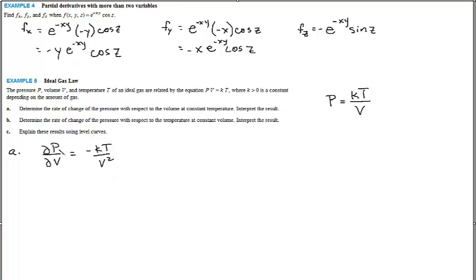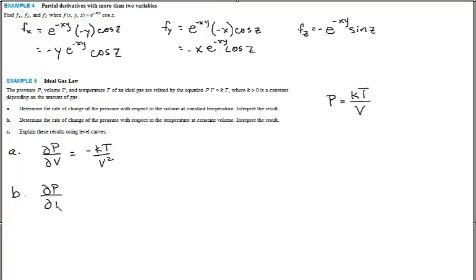What this says is that this is how the pressure changes with volume, and we hold the temperature constant. So it seems as though pressure is going to be a decreasing function of volume. That means the pressure decreases as the volume gets larger. B, find the rate of change of pressure with respect to temperature.